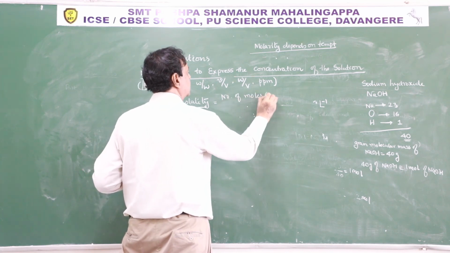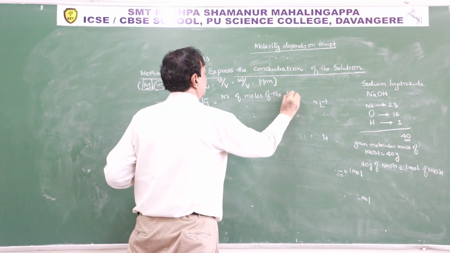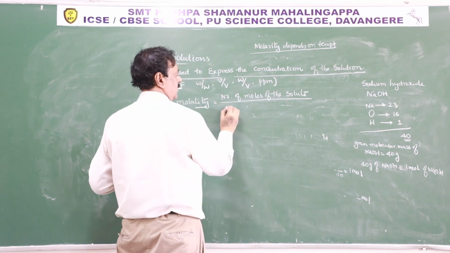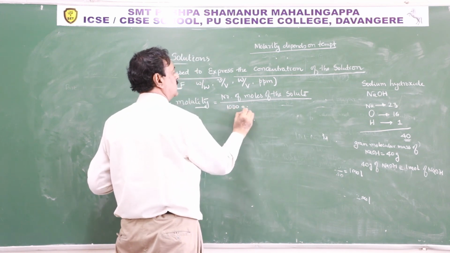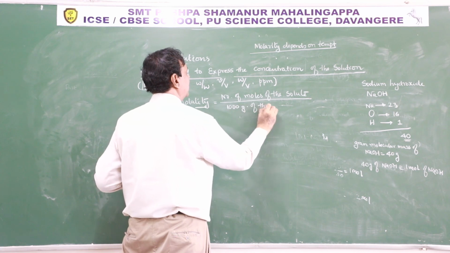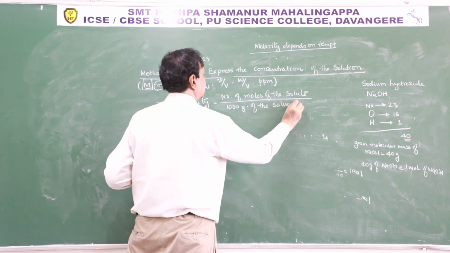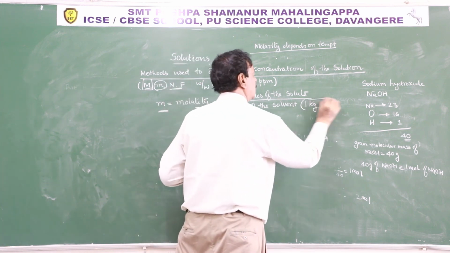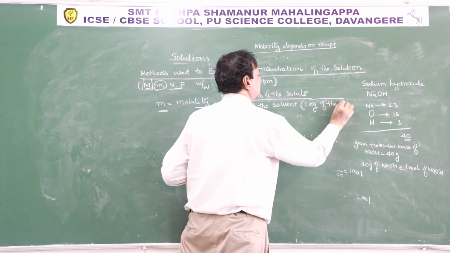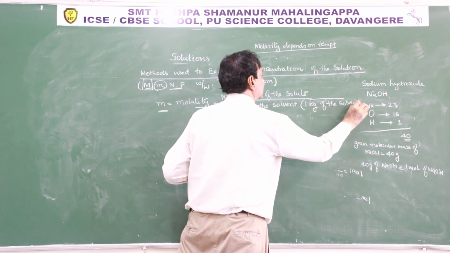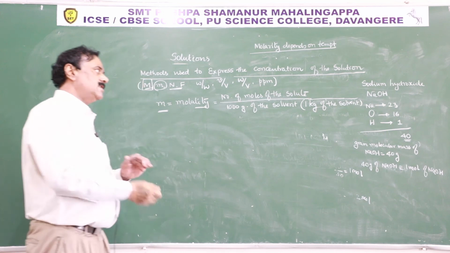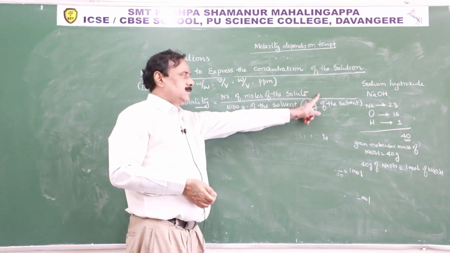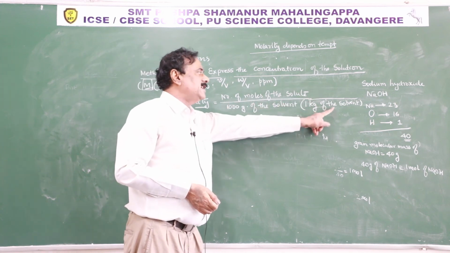Number of moles of the solute divided by 1000 gram of the solvent, or 1 kg of the solvent.